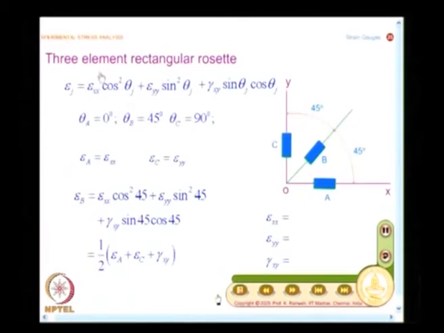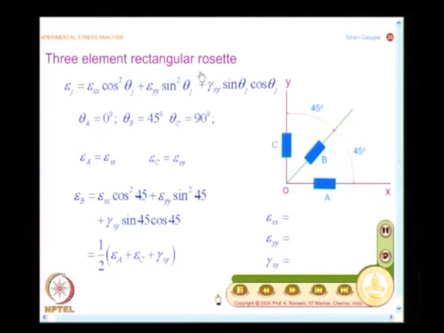Then we said if you have to find out the state of strain on a free surface, I need 3 strain gauges, and while you make metal foil strain gauges, these 3 strain gauges can be pre-aligned and available in one backing, that is the advantage. One of the simplest rosettes we saw was a 3 element rectangular rosette.